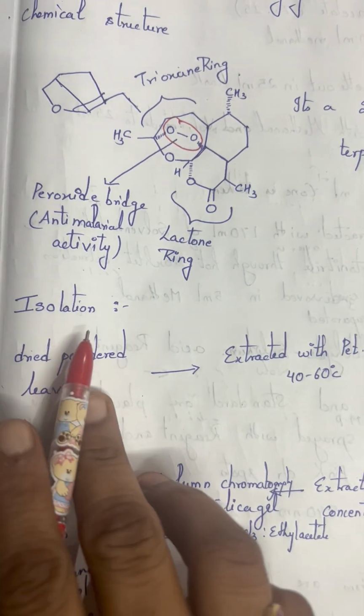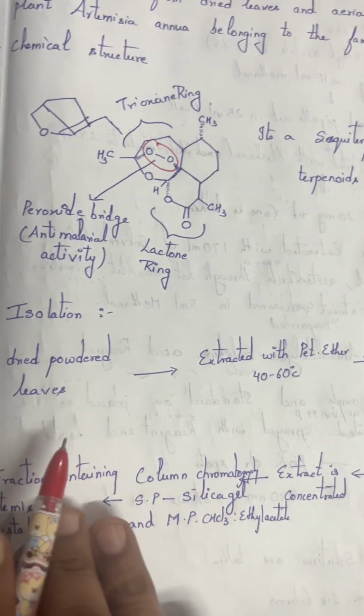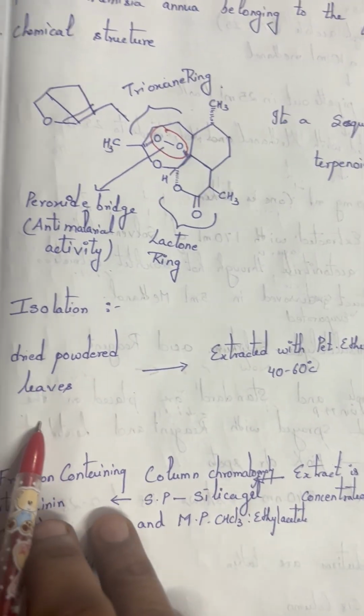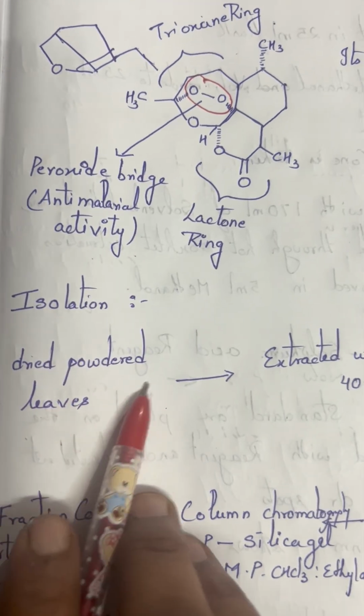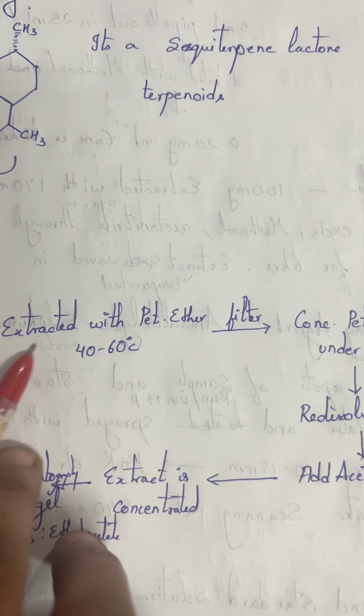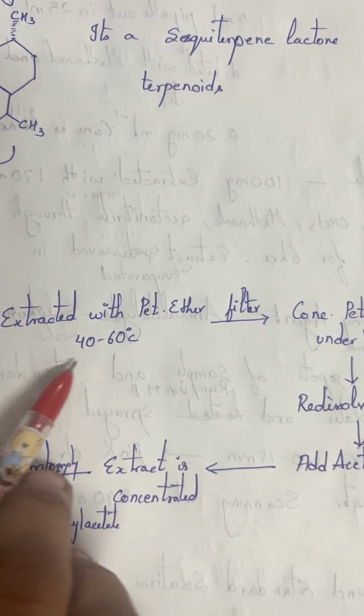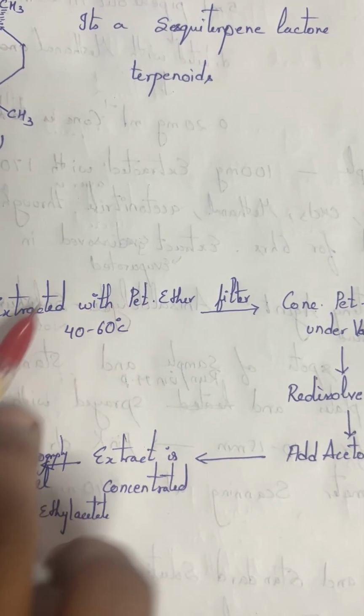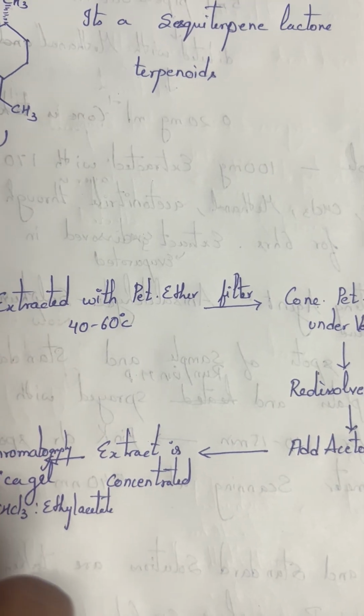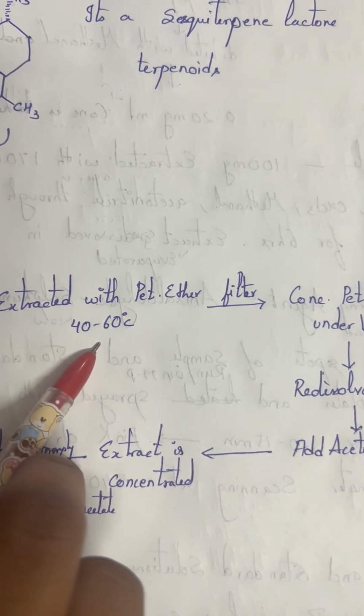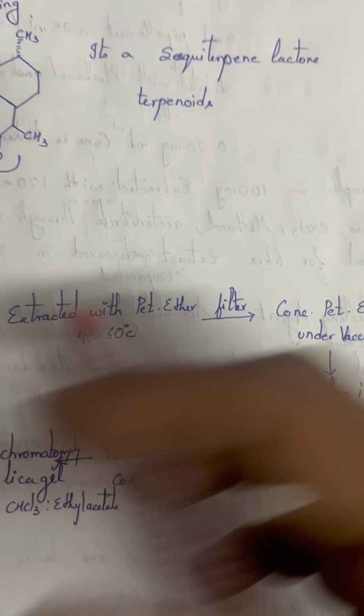Next, coming to isolation. How has it been isolated? Firstly, we take the dried powdered leaves. Then we extract it with petroleum ether at 40 to 60 degrees centigrade, a hot petroleum ether extraction. Then we filter it.